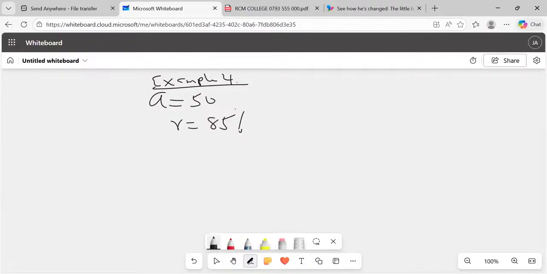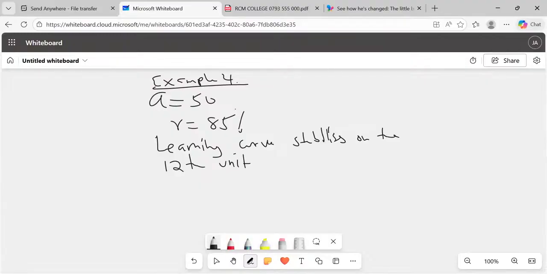And then we are told that the learning curve stabilizes on the 12th unit.